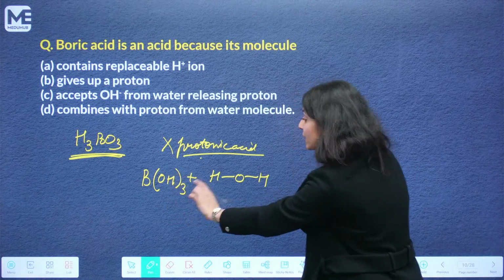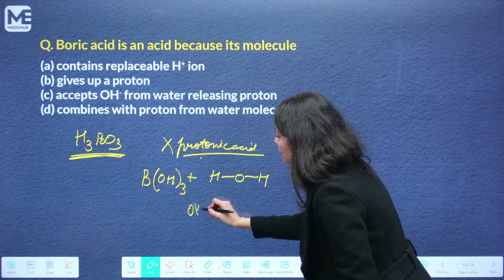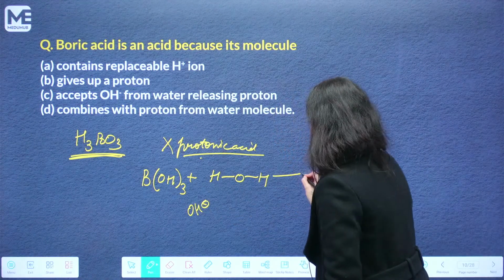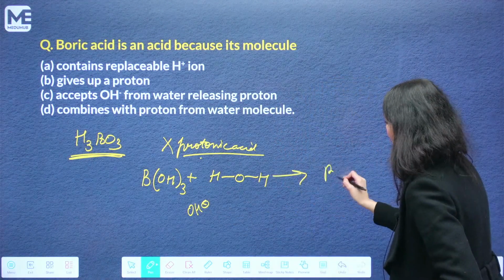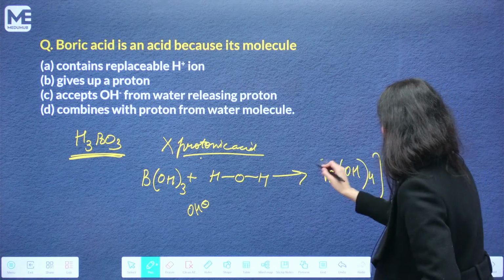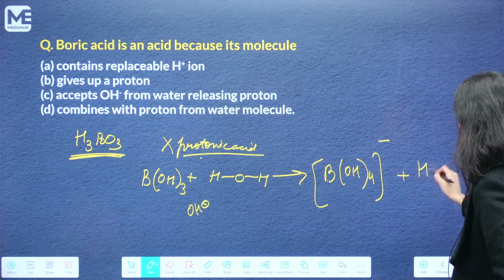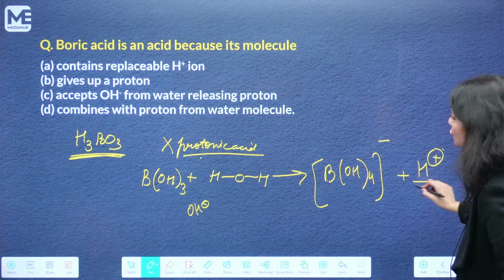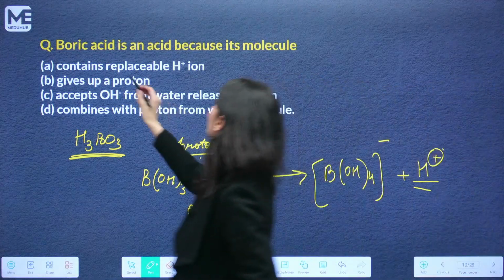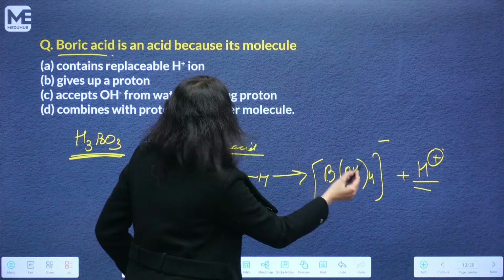It would want to take a pair of electrons from water, so it takes away an OH minus ion from water. It forms the tetrahedral complex B(OH)4 minus, and it furnishes a proton. So this is how orthoboric acid acts as a weak acid.